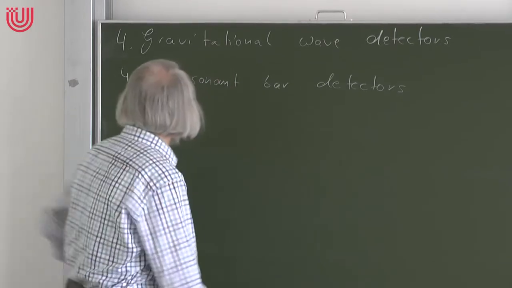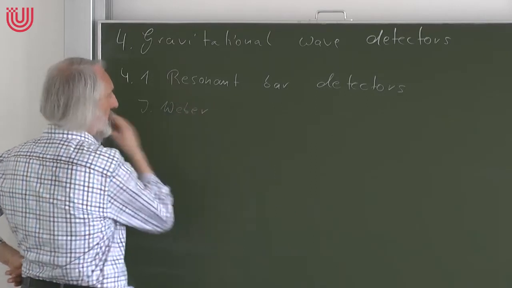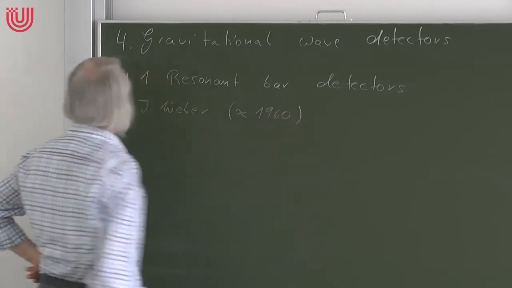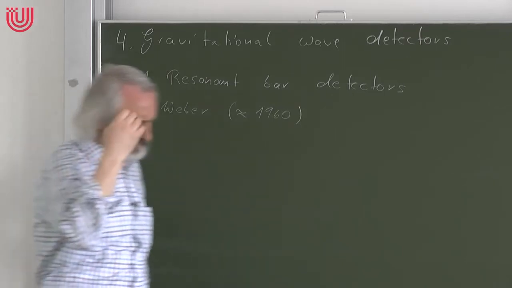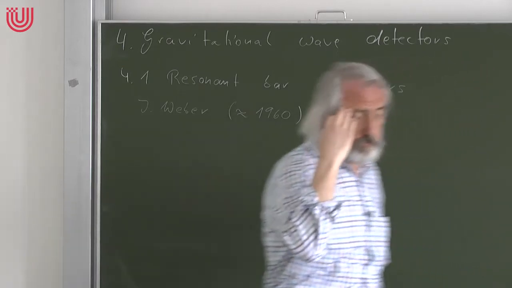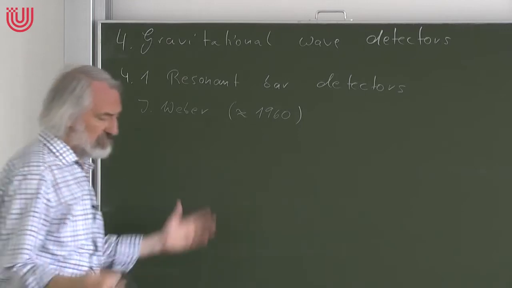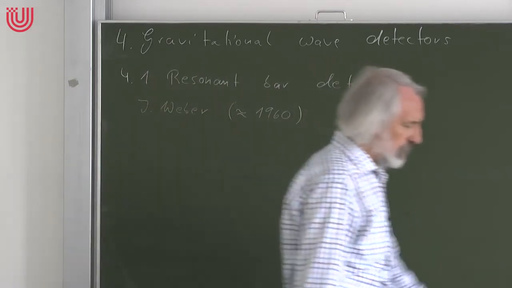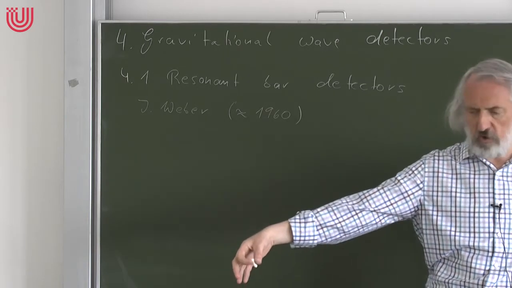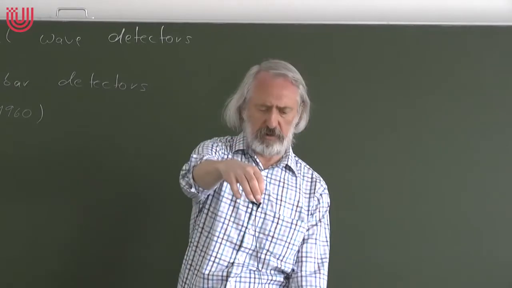This idea of using this kind of detector was invented by Joe Weber around 1960. Weber had an engineering background. He was in Princeton. He came into contact with John Wheeler, the famous relativist, and he talked to him about the possibility that gravitational waves could be detected with the help of big masses, metal cylinders, maybe 1.5 meters in length and maybe 1 meter in diameter, or a little bit less.